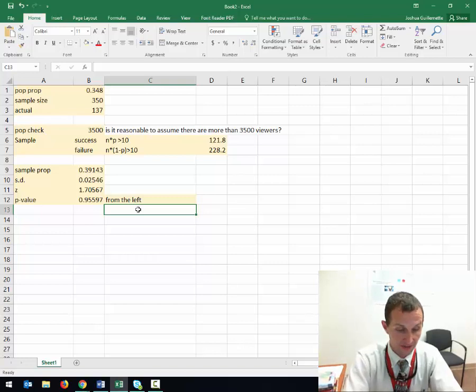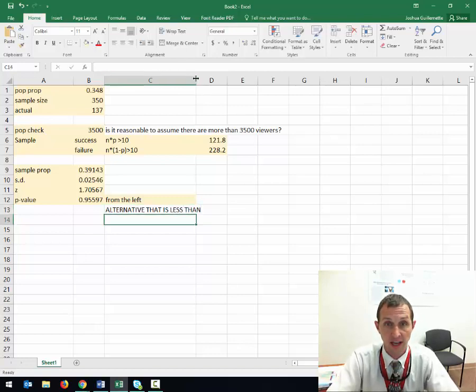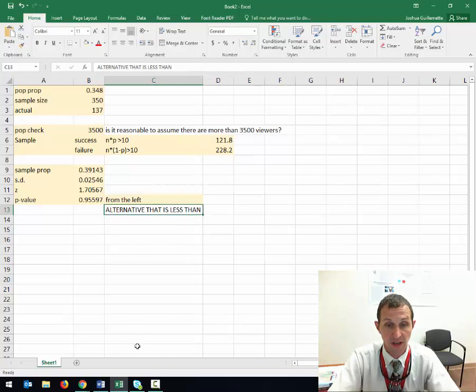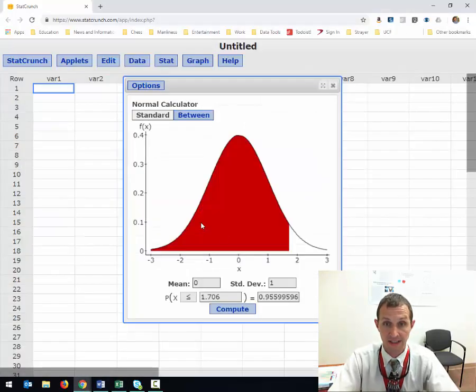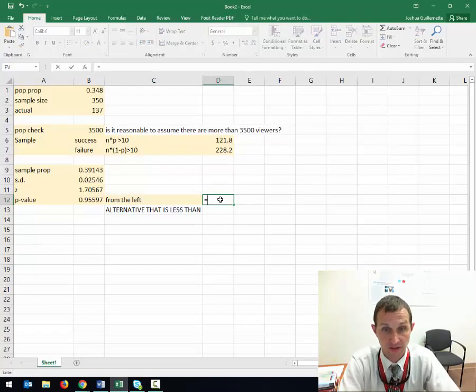This is from the left, and this would be for an alternative hypothesis that is less than. The picture for it is here: less than is to the left, and that's the 0.95599 and so on. So how do you fix that? Well, it's a percentage, basically 95%.